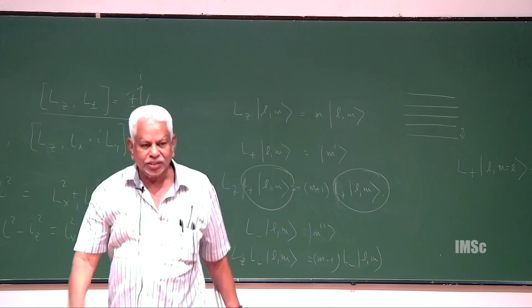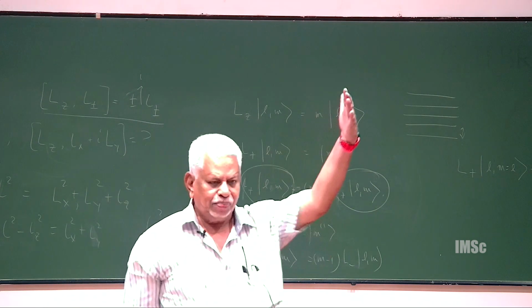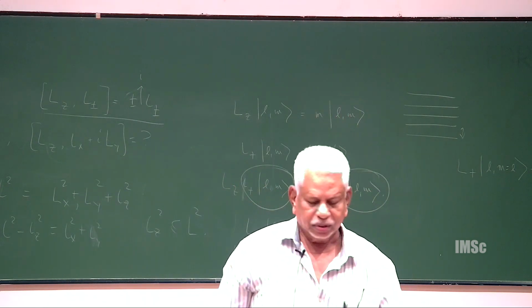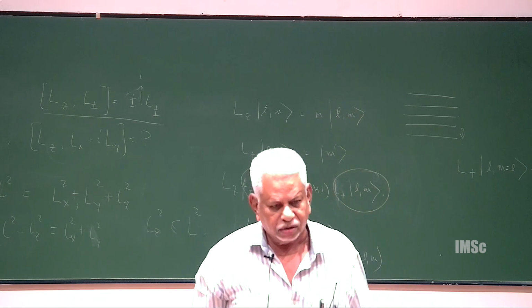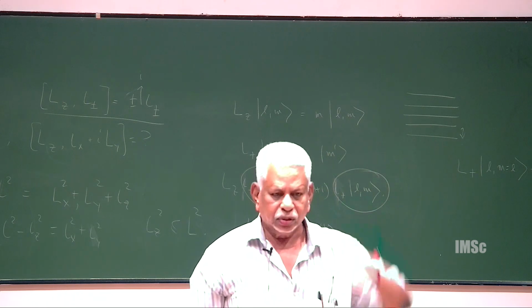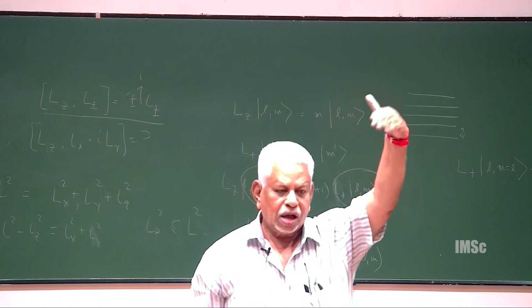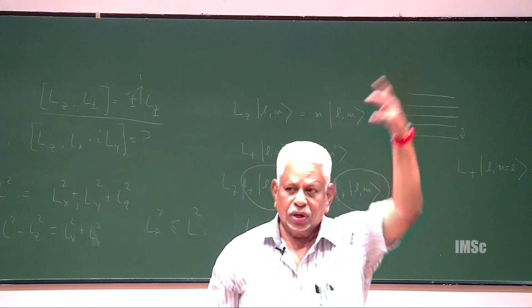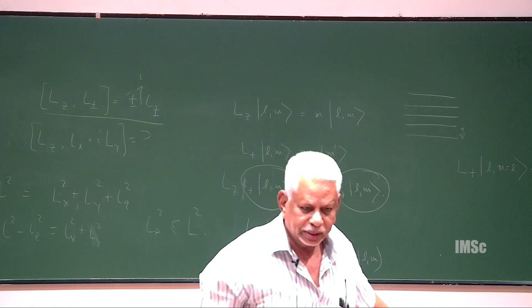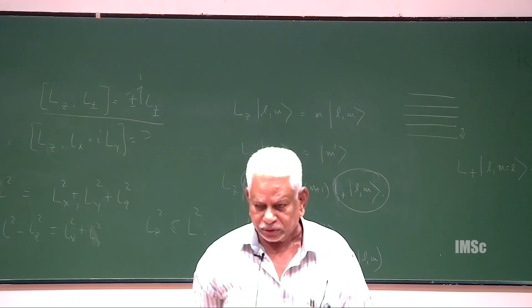So what is L minus doing? Instead of going up, it goes down. It's like there is a 30-story building and you are on the 10th story. If you take the lift, you can go up or down. That's what is happening here. That's why they are called ladder operators.